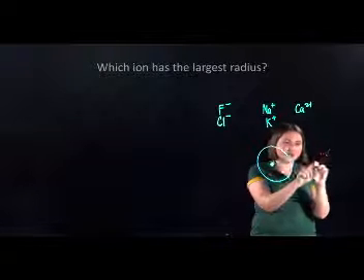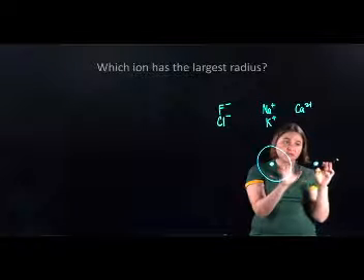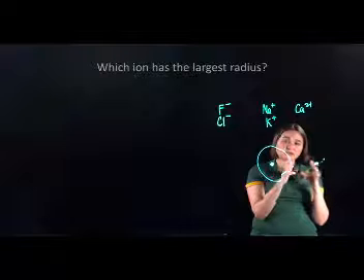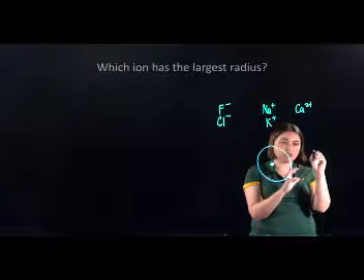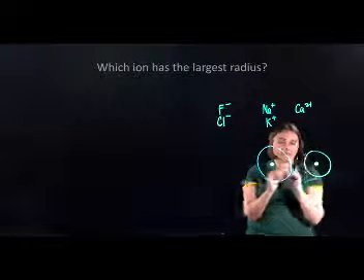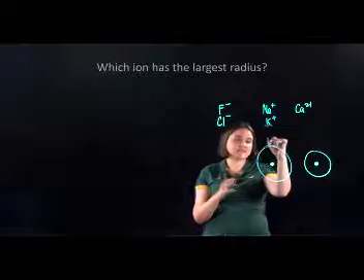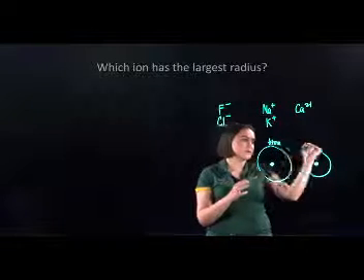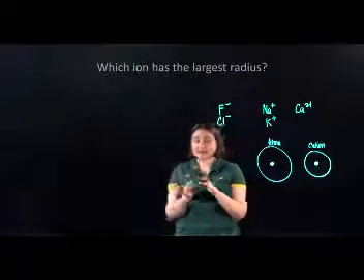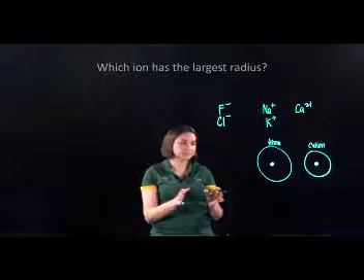But you now have more positive charges than you do negative charges, which means that the positive charges you have hold on to the remaining negative charges better than they did before. That forms kind of a contraction. So if this is an atom, then this would be the cation. Cations are always smaller than their corresponding atoms, always.